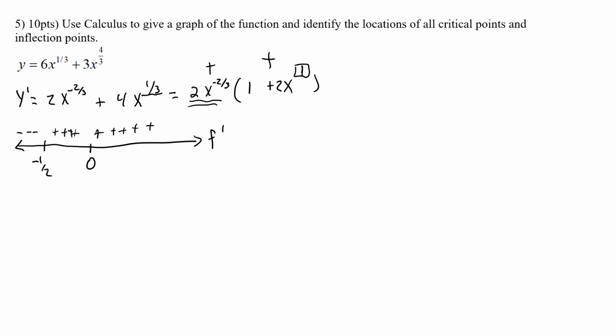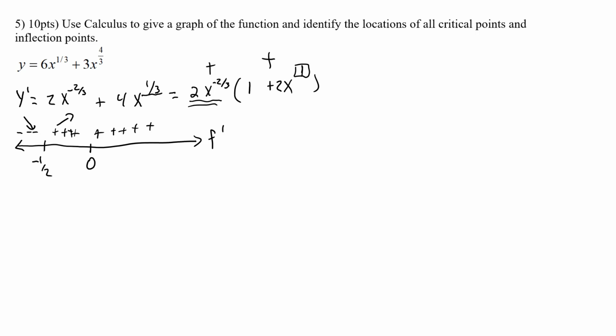So we can see that we're going down and then up. So we have a relative min at negative 1/2. Nothing really special is happening at 0, but my derivative is undefined. Since my derivative is undefined, that means we have a vertical tangent line there.